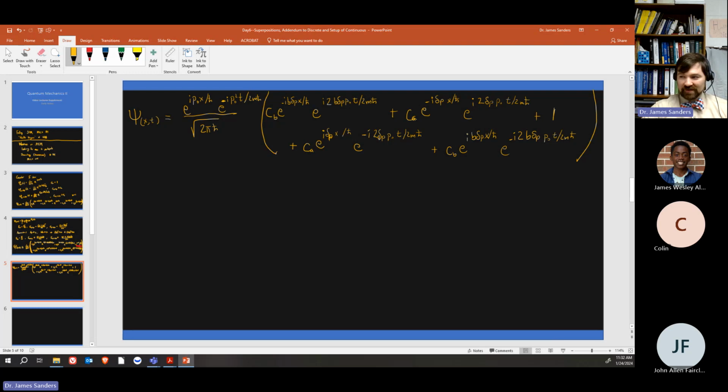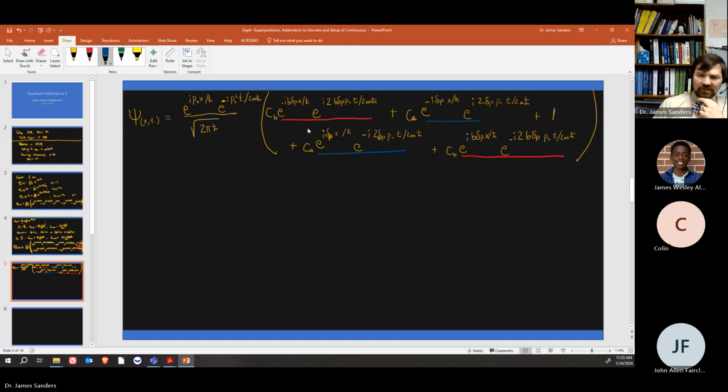Now let's simplify the thing. The simplification that we want is we basically want to gather things with like coefficients because they will have like exponentials. So this is one of those things, and then the other one would be this set right here.